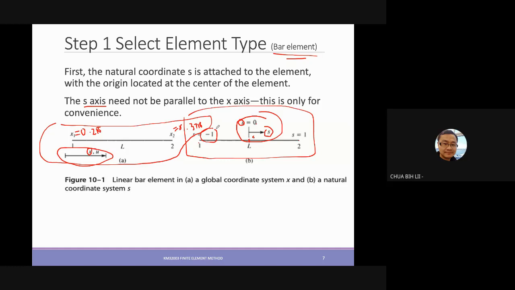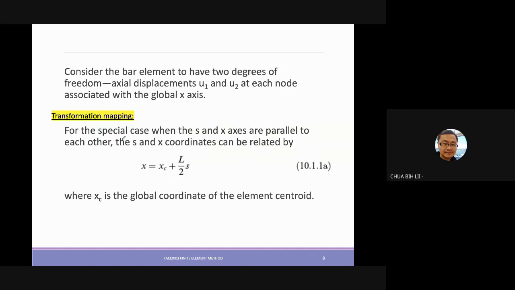What the computer needs to add in is just to map this so-called s equals 0 to where the actual location is in the global coordinate system. That is the idea behind this. So what we need is a transformation mapping, to map the x with the s.